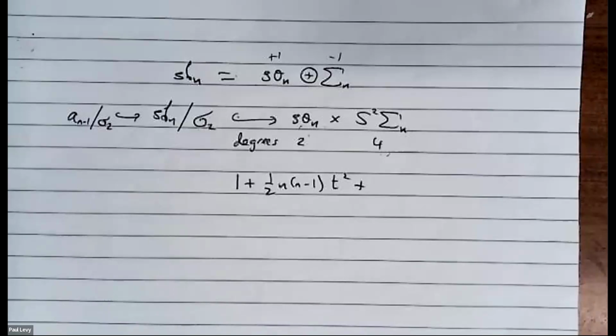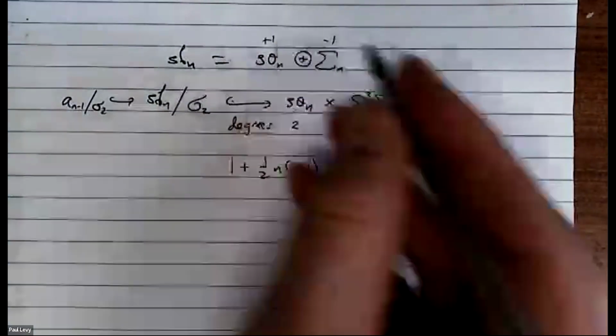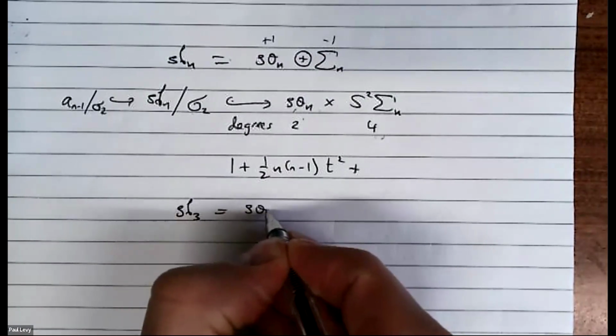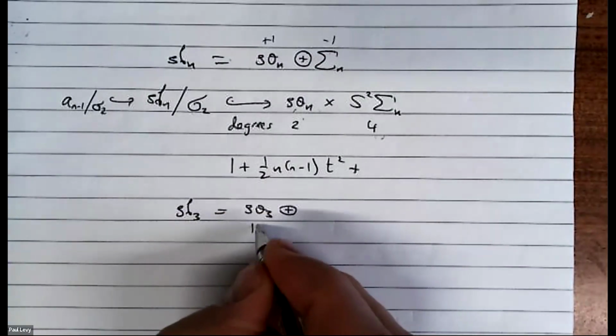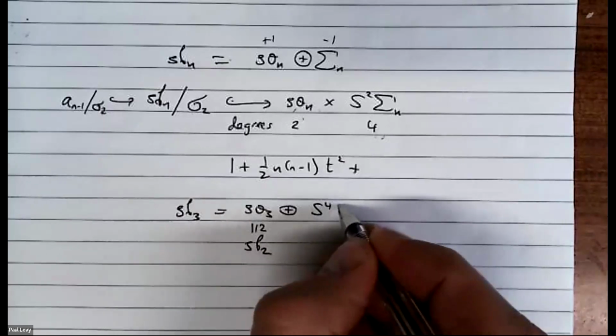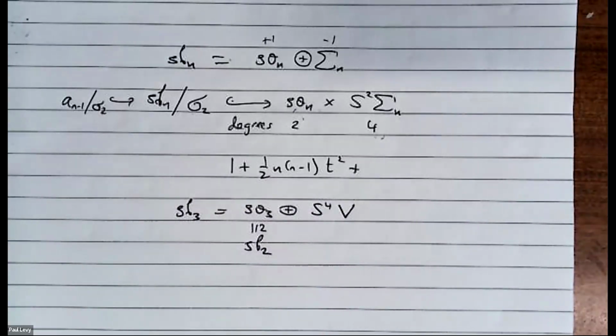Then. Yeah, so for the A2 over S2, this is explicit: SL3 is equal to SO3 plus. Now this is isomorphic to SL2. So what is the complement? What is S4V? I see.